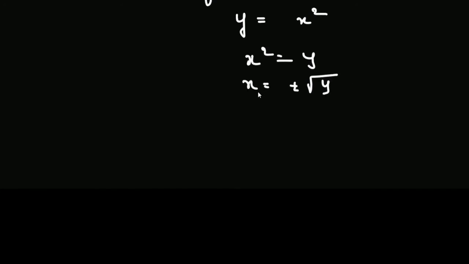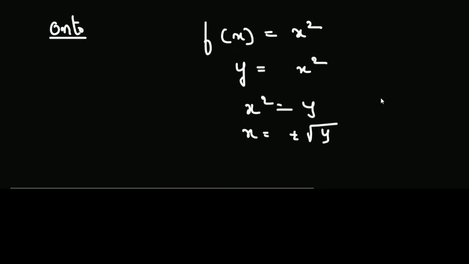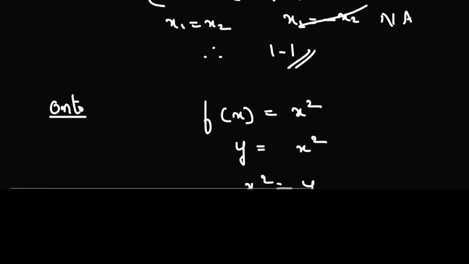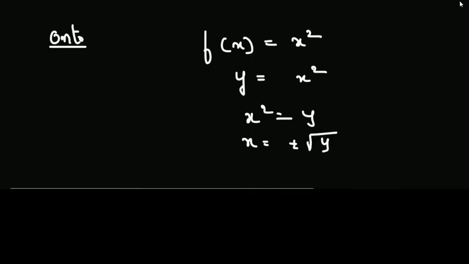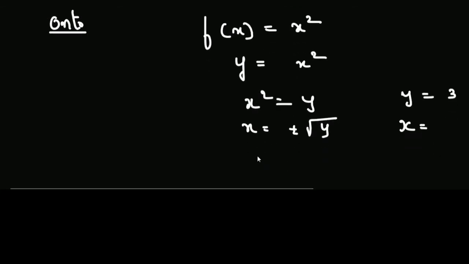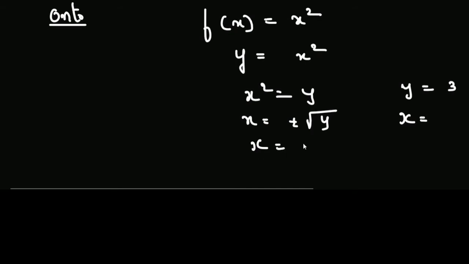Now, is this in the set of natural numbers? Suppose you take y as a natural number, say 4. So root of 4, okay. But you take y as 3. So x is equal to, you can take plus itself because we need only natural numbers. Y is equal to 3, what is x? Root of 3.